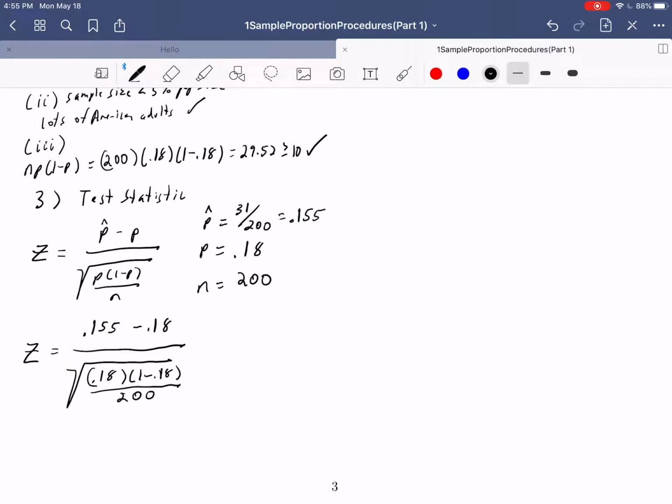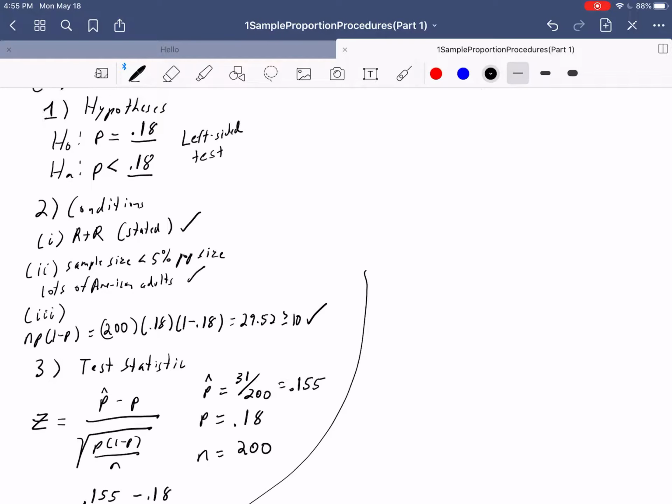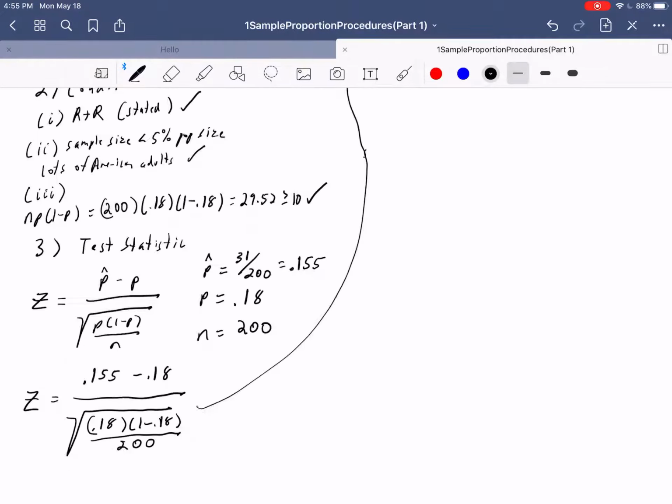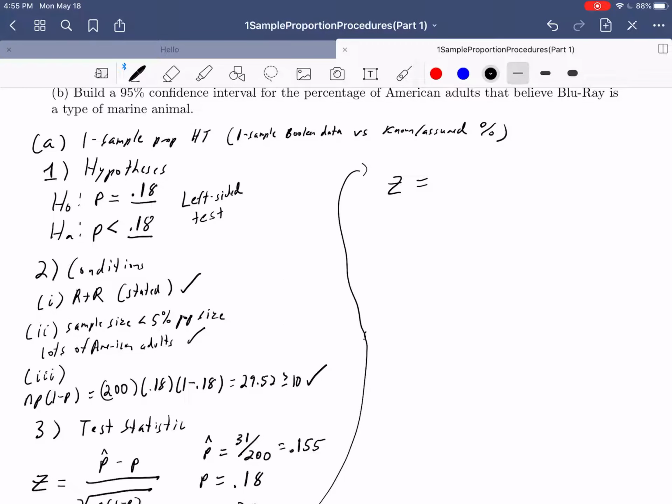As always, let's go ahead and do these computations on top and bottom separately. So up top, we should be using our calculator to take 0.155 minus 0.18. And it looks like up top we should get minus 0.025.